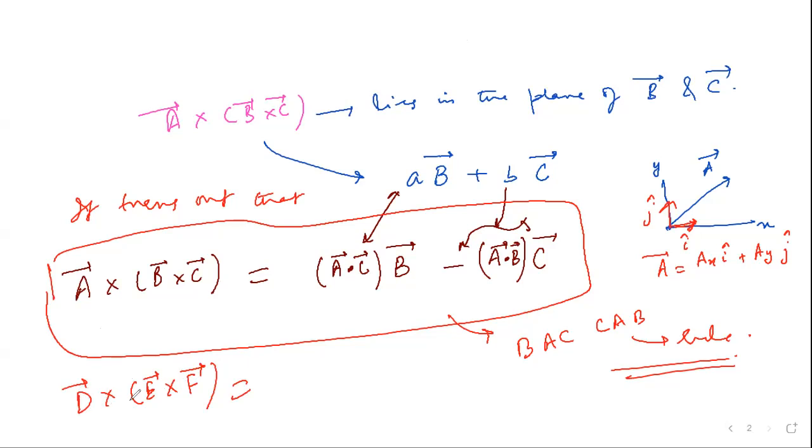The rule is this vector will be perpendicular to E cross F. Therefore, this vector will lie in the plane of E and F. So it will be some number times E and some number times F. Now this number will be the dot product of the other two, that is D and F, and F I have used in this term, so it will be the dot product of the other two, but minus times the dot product of D and E.